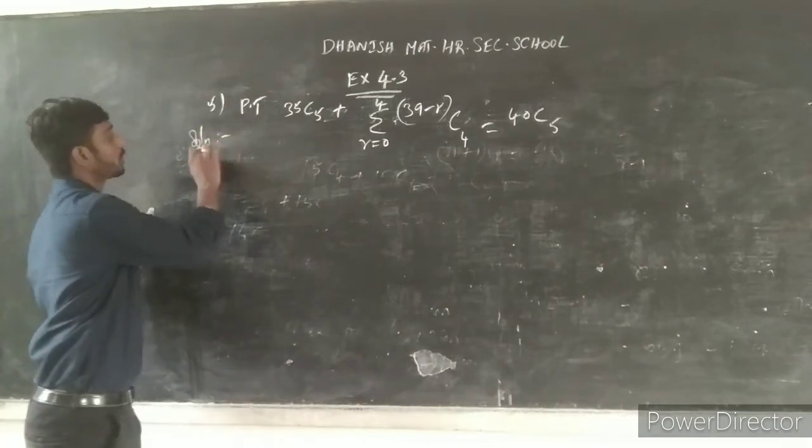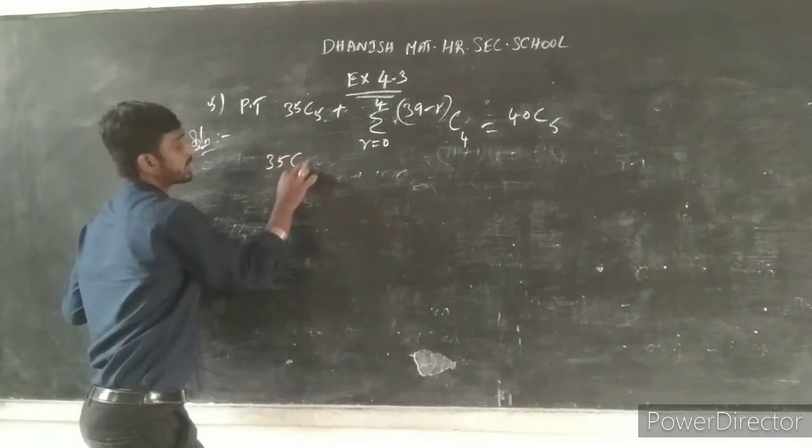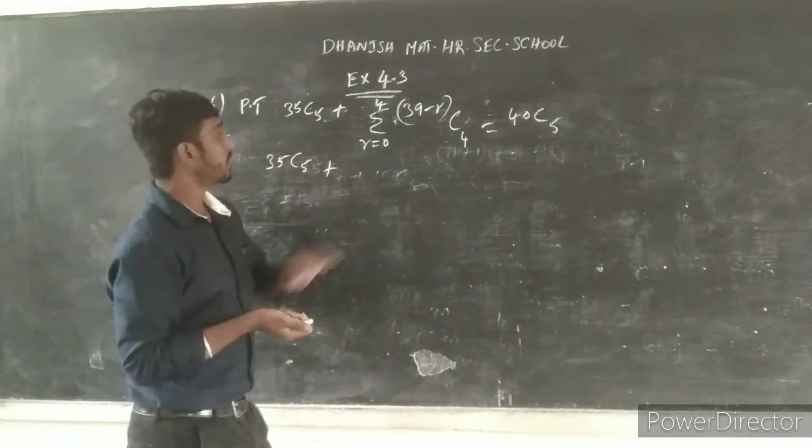Now here also we use the same formula. First we write 35C5 plus the sum where r goes from 0 to 4.